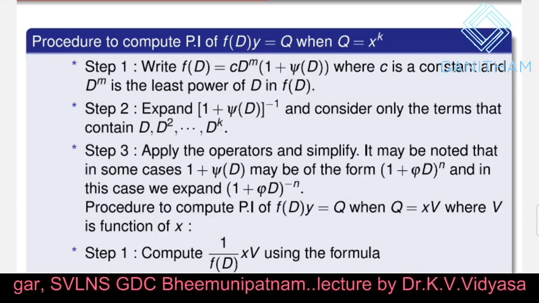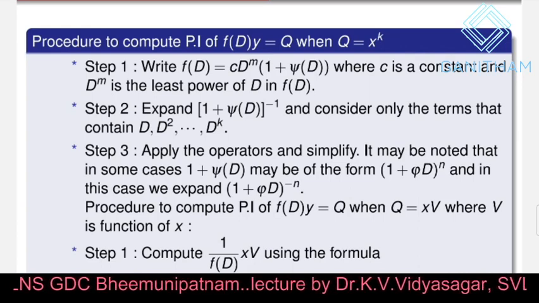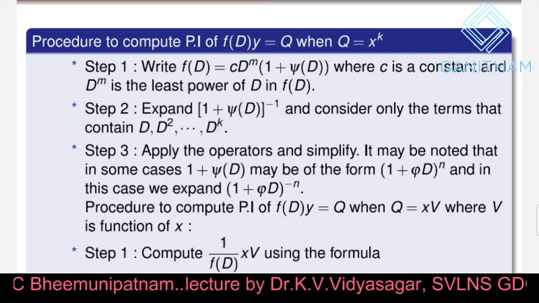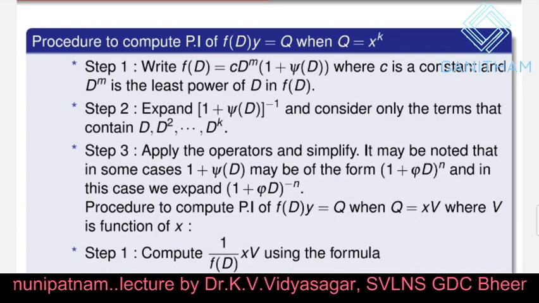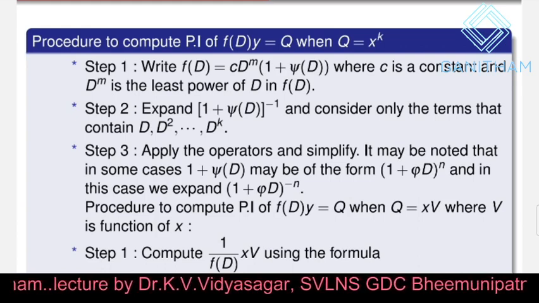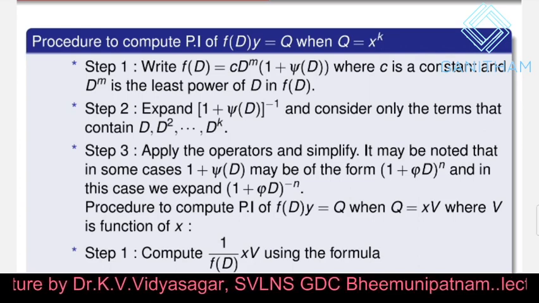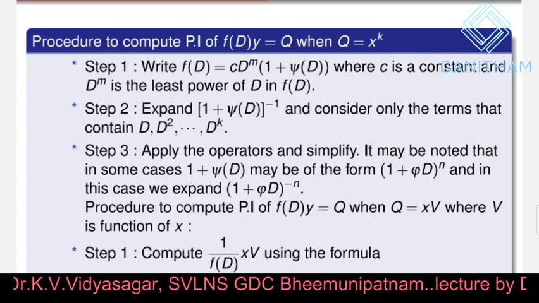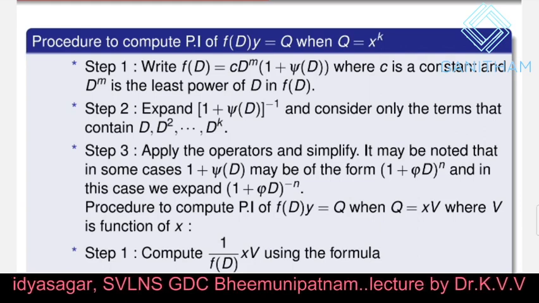Step 2: expand 1 plus psi of D to the power of minus 1 and consider only those terms that contain D up to D to the power of k. After that, apply the operators to x to the power of k and neglect the terms where the kth derivative of x to the power of k is 0.